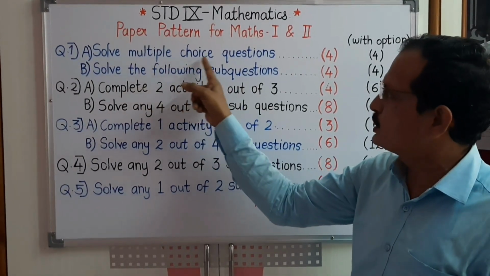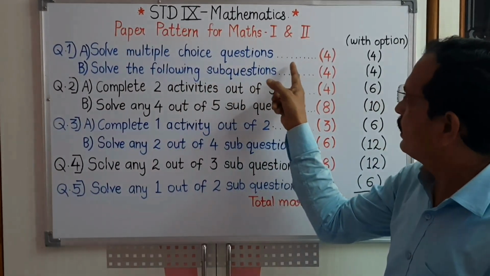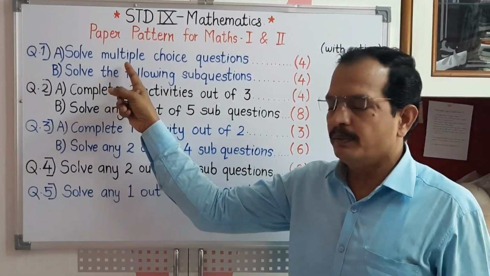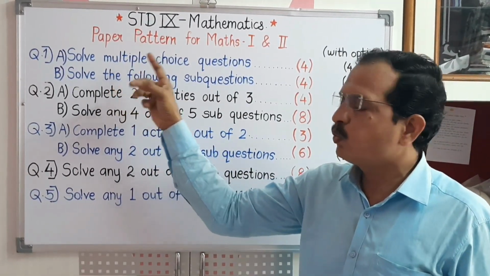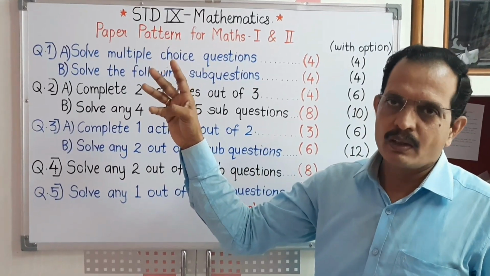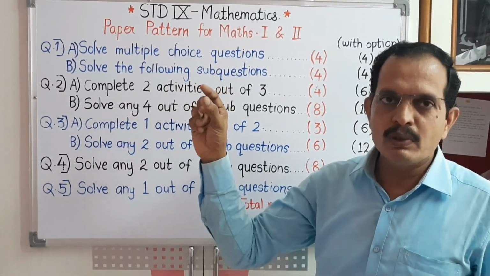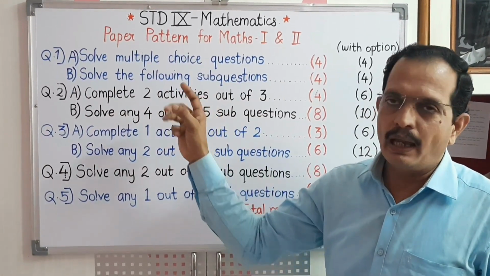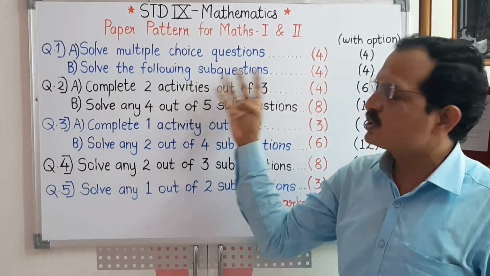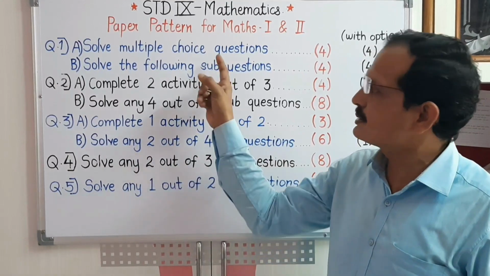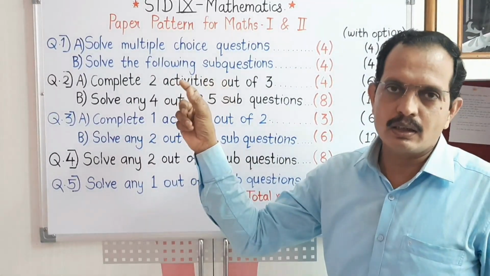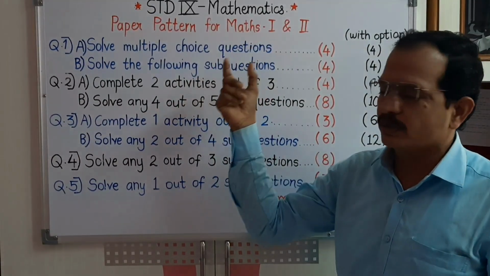Solve multiple choice questions. It carries 4 marks. In question number 1A, there are 4 sub questions. Those questions are multiple choice. That means one question will be given and 4 answer options are given, and we have to choose the correct answer for that question.